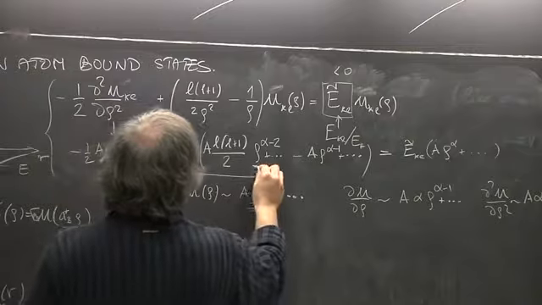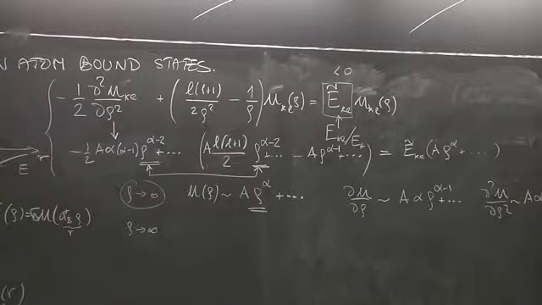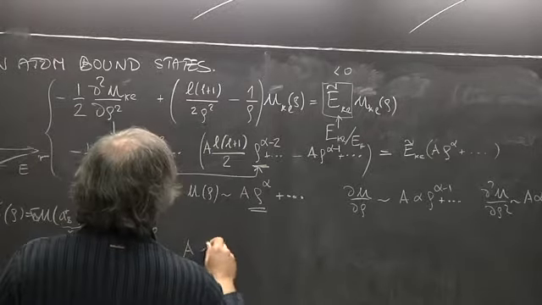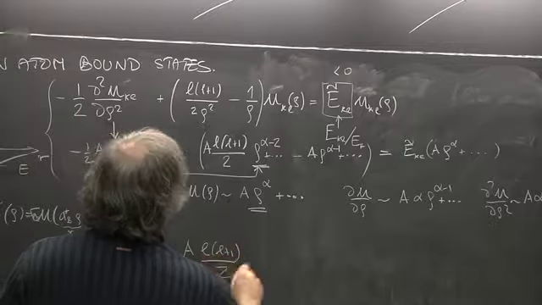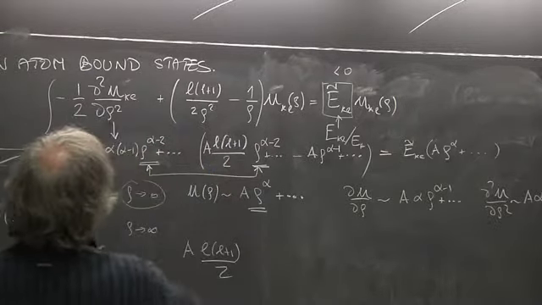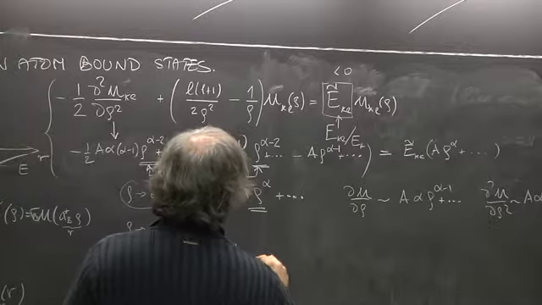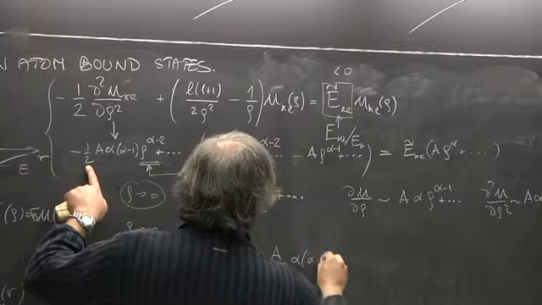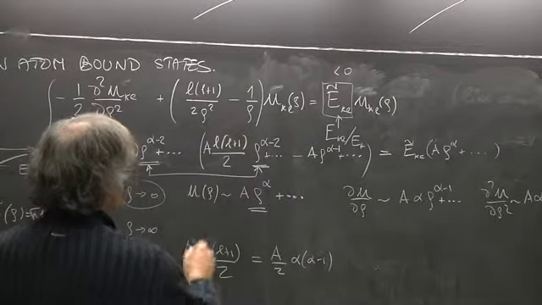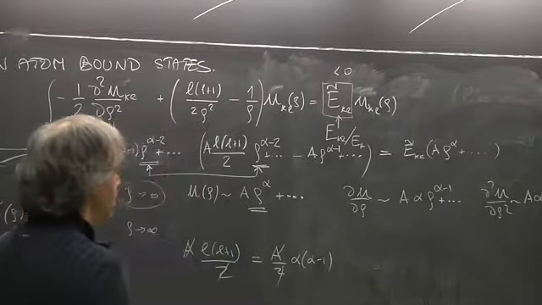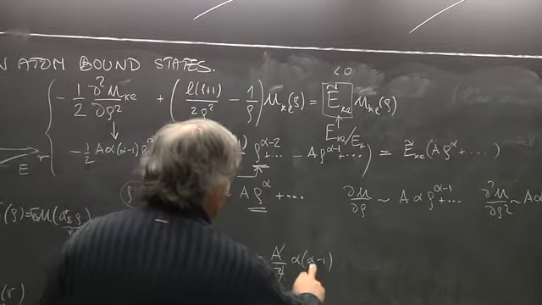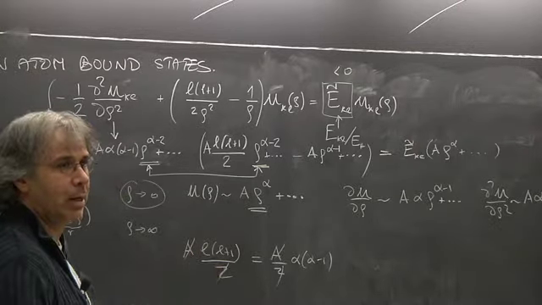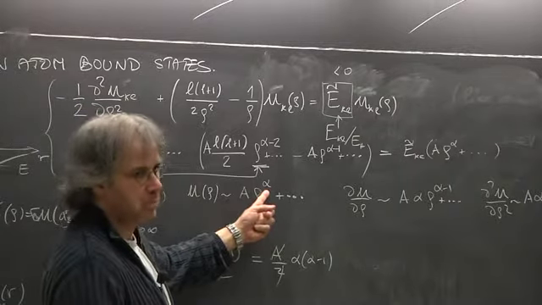Nothing can help but the fact that L plus 1 divided by 2, this coefficient, should exactly be equal to A over 2 times alpha minus 1. And you see that the constant A is actually not important, as the 2 is not important. So what you want is a precise value of alpha, such that alpha times alpha minus 1 is exactly equal to L times L plus 1. So not any power is possible.